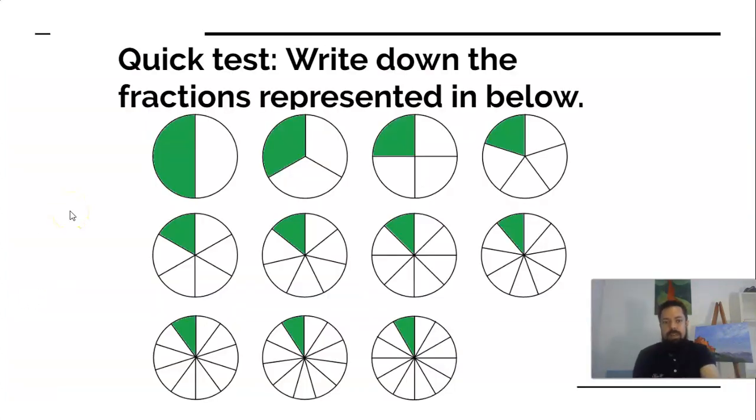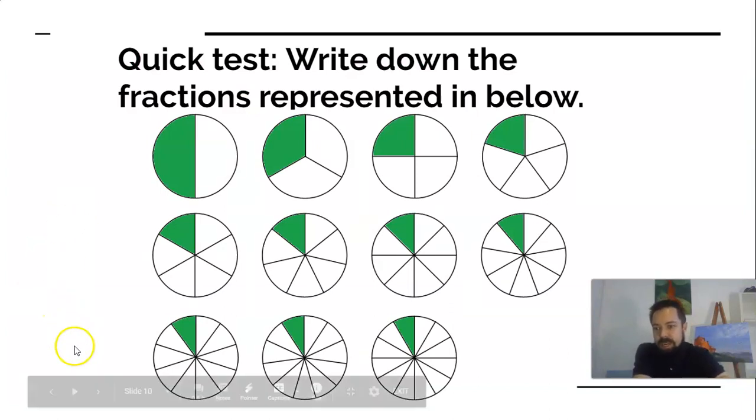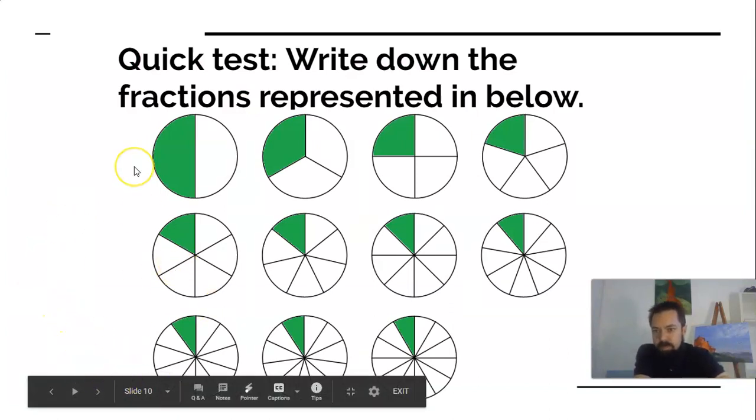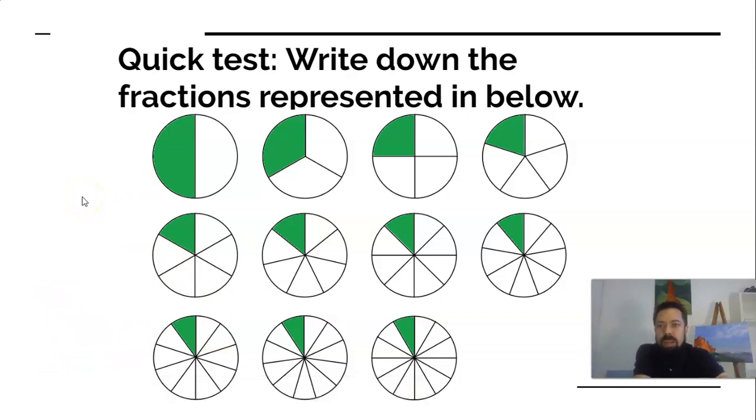All right, let's have another test to see how well you're absorbing this today. Okay, so I'm going to switch across to the other platform in a moment, but what I'd like you to write down is what fraction is represented below. So what fraction is shaded green? Okay, I'm going to switch across. Well, in fact, now let's leave it on this board while you do it.